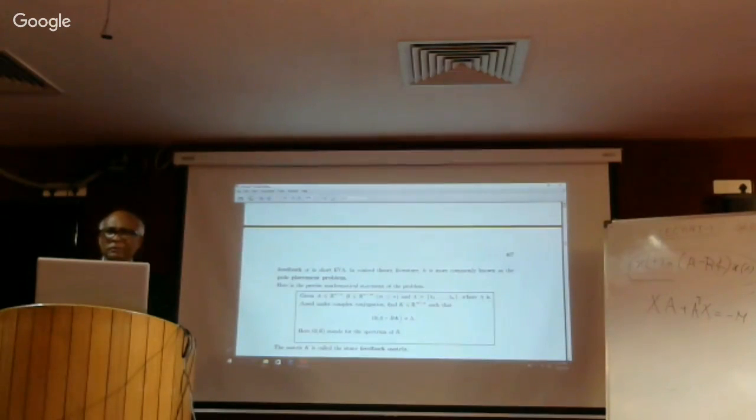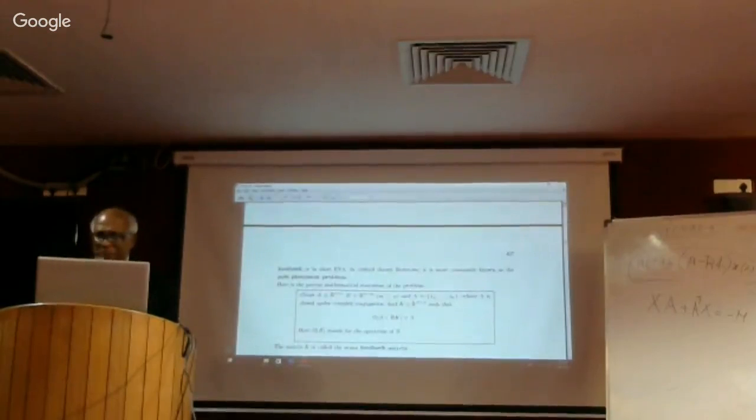Then the problem is to find a feedback matrix K such that the spectrum of the matrix A minus BK is that desired set of eigenvalues. Spectrum is the set of all the eigenvalues. The eigenvalues of the matrix A minus BK are just the set that is given.